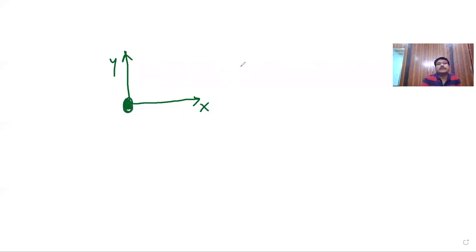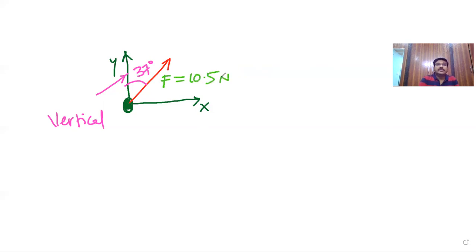The force is acting on the particle along this direction at an angle of 37 degrees with the vertical. Let us call the force F. The magnitude of F is 10.5 newtons.